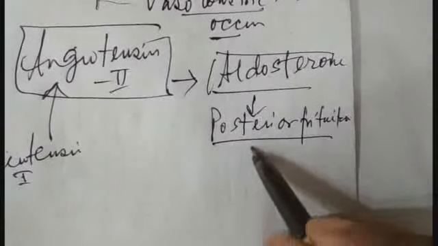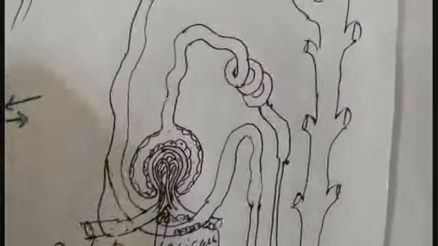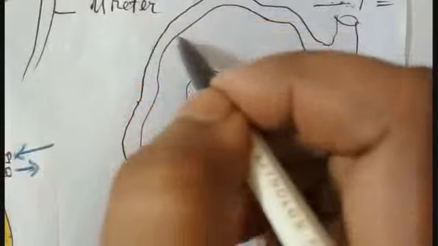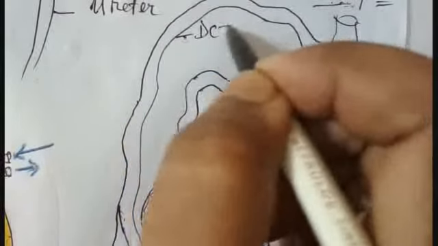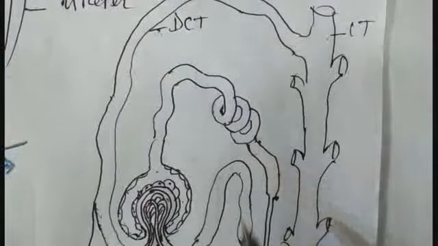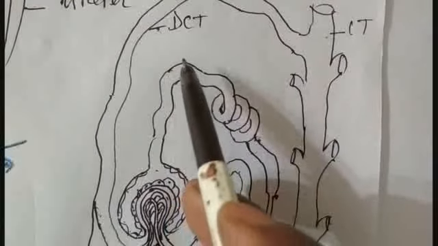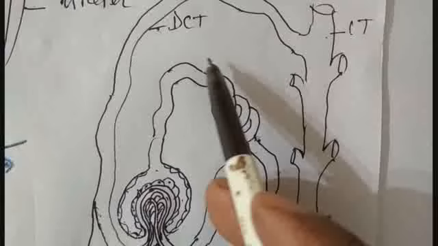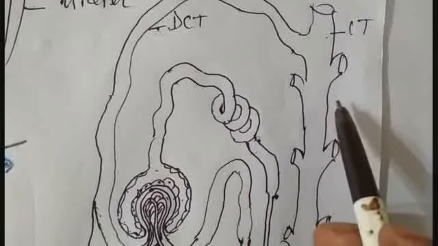This aldosterone helps the DCT and the collecting tubule, from where sodium ion is absorbed and comes out to the body fluid.